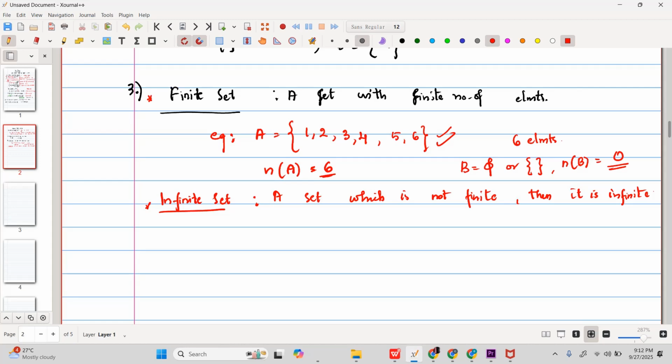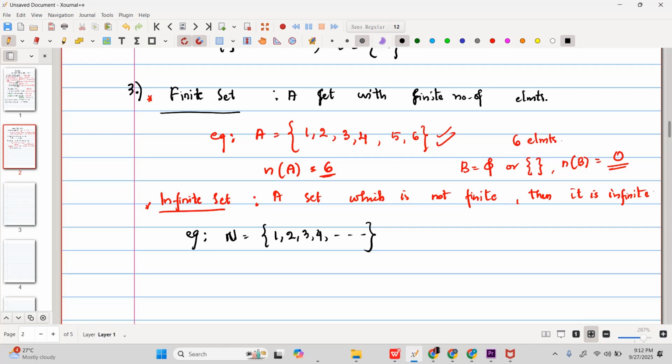Examples are our natural numbers, integers, real numbers, rational numbers. Any kind of number system is an infinite set. The natural number system is counting like 1, 2, 3, 4 and moving on as far as possible.